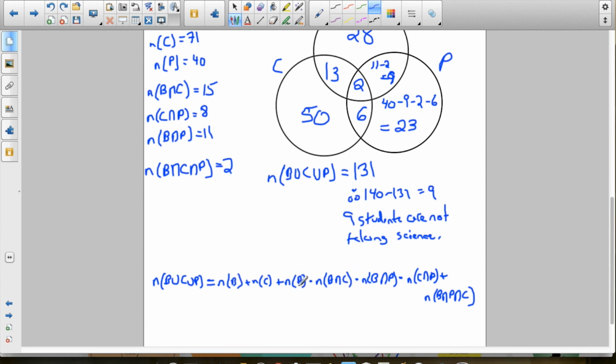It's the three sets added together minus the intersections of each of the two sets. So you can figure out those combinations. That's not hard. And then you just have to remember to add in the intersection of all of the three sets.